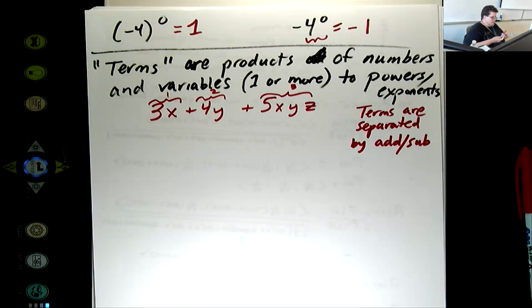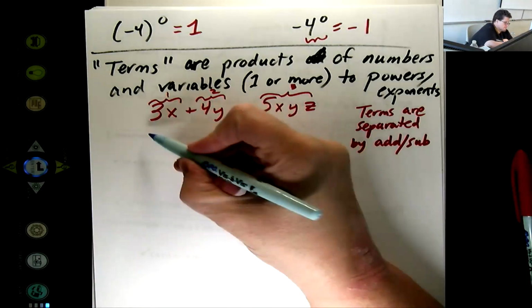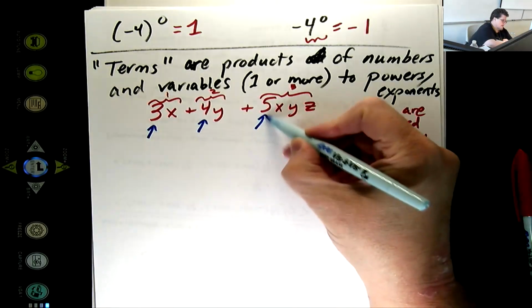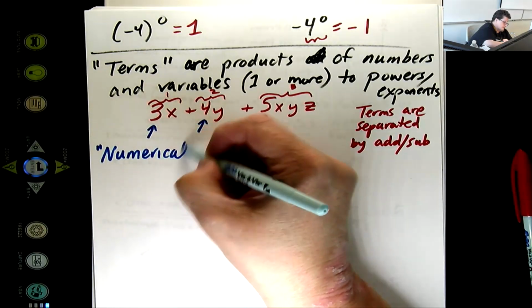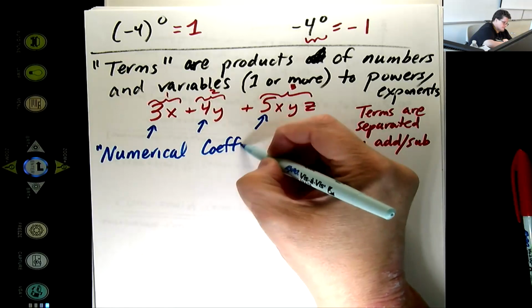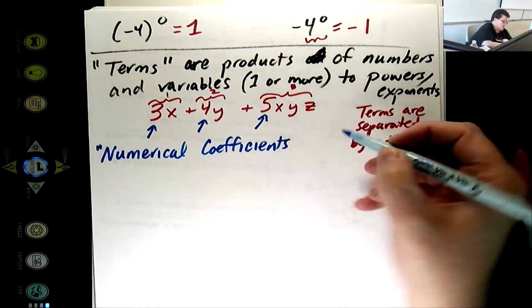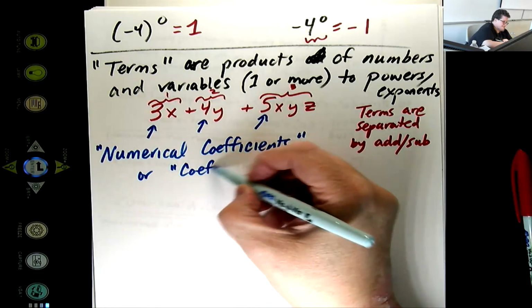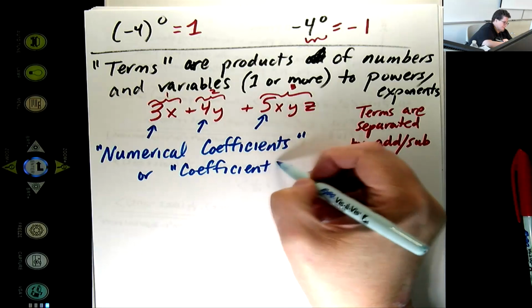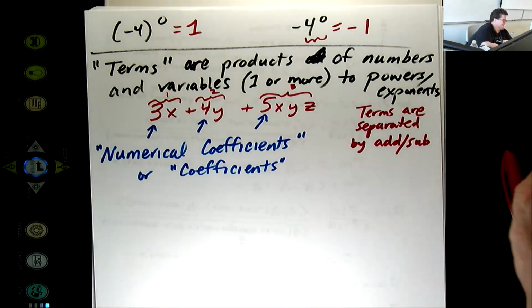All right, so these are numbers and variables multiplied together. The numbers in front are called numerical coefficients, or just coefficients, because we like to shorten it up a little bit in mathematics. We don't have any really drawn out names for things, do we?